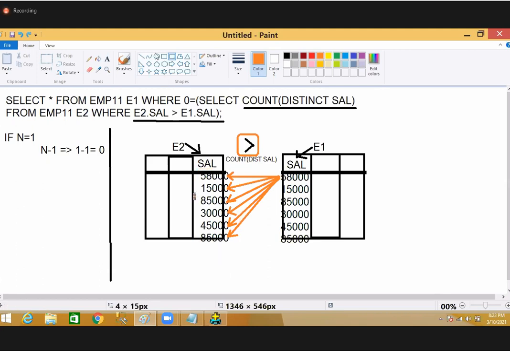85,000 is above 58,000, and 85,000 is above 58,000 again. That means there are two values which are more than 58,000. Yes or no?